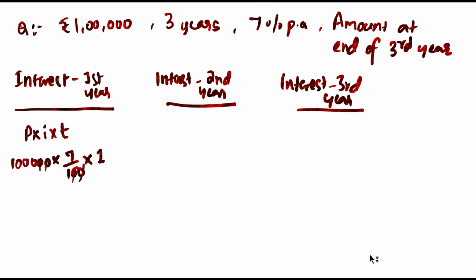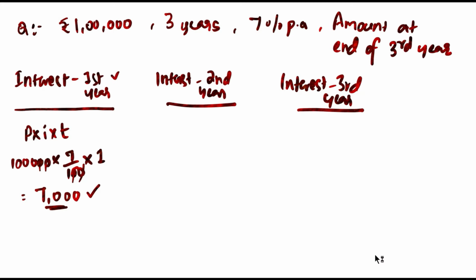So 1000 into 7 into 1 is equal to 7000 rupees, right? We are discussing compound interest here, and this question is relating to compound interest. So 7000 what we found is compound interest for first year.